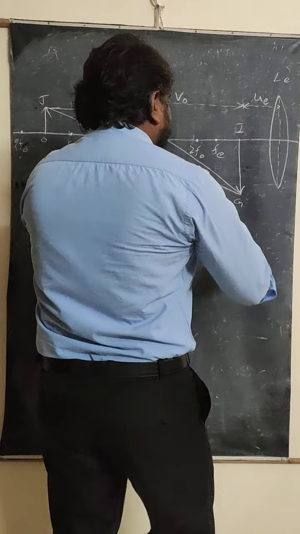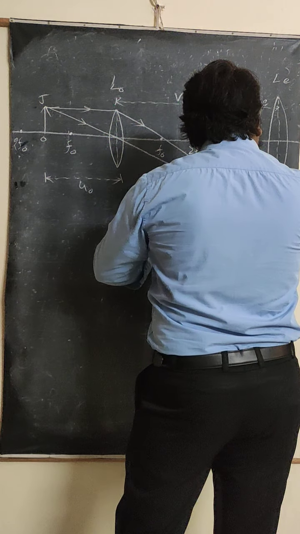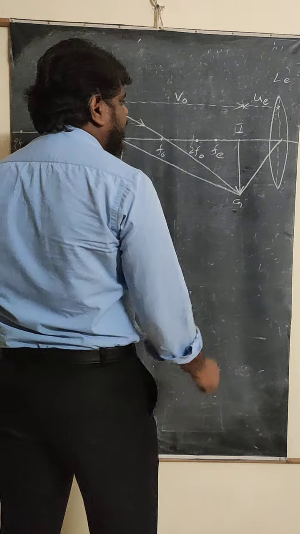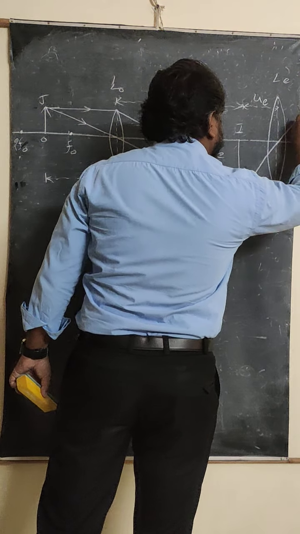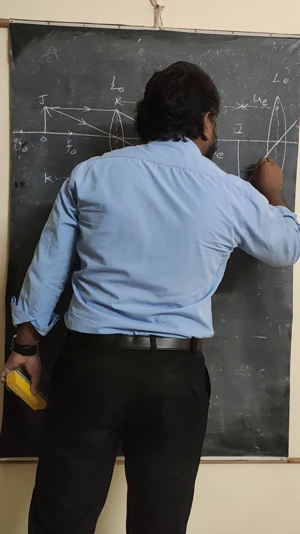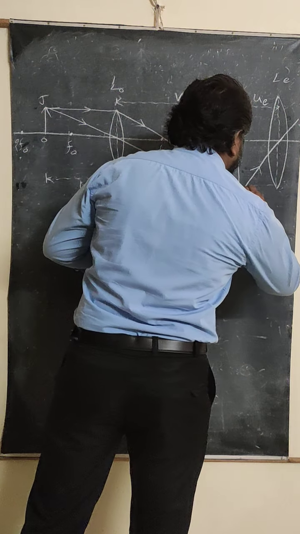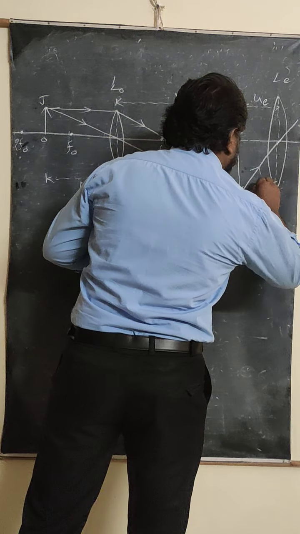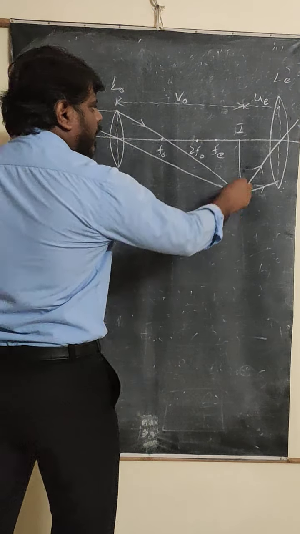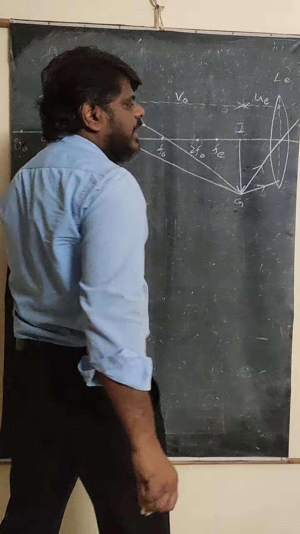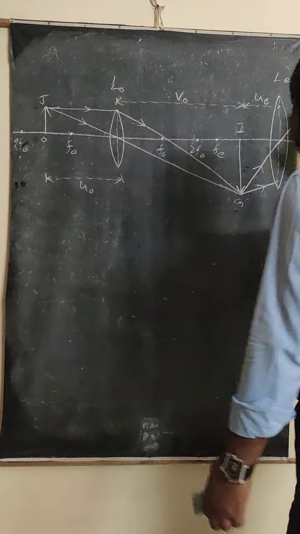Now, the rays of light we are going to take here. One ray of light passes through the optic center like this, and it does not refract. One more ray of light we take from here, and it is refracted through the lens, and from behind the eye lens we are going to see the image.